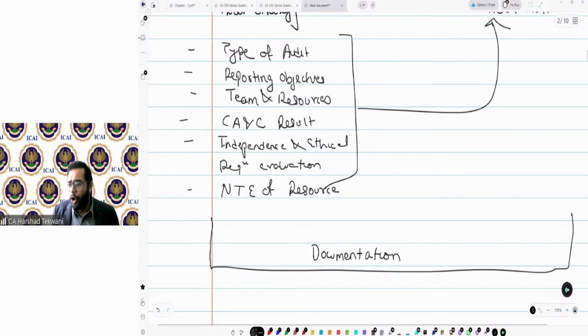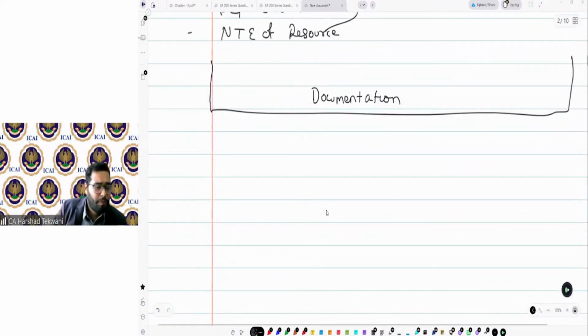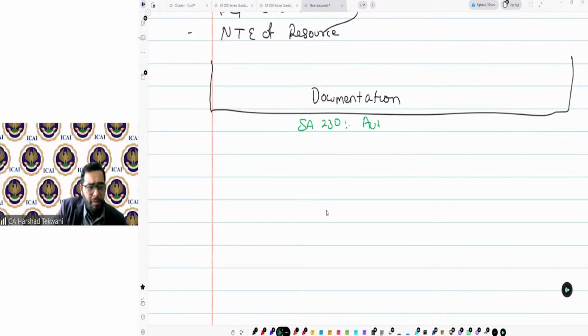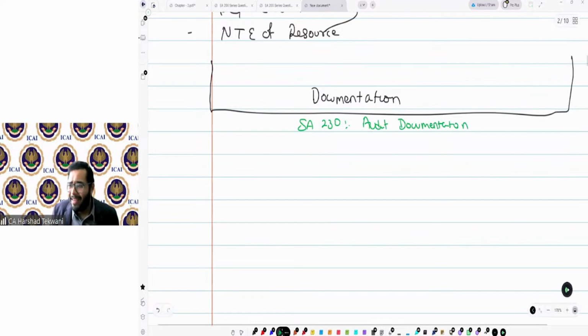And when I say I document, I have to comply with SA with respect to the documentation, that is SA 230, Audit Documentation. When I say SA 230 Audit Documentation, what does it say about the documentation, how you need to document the things?